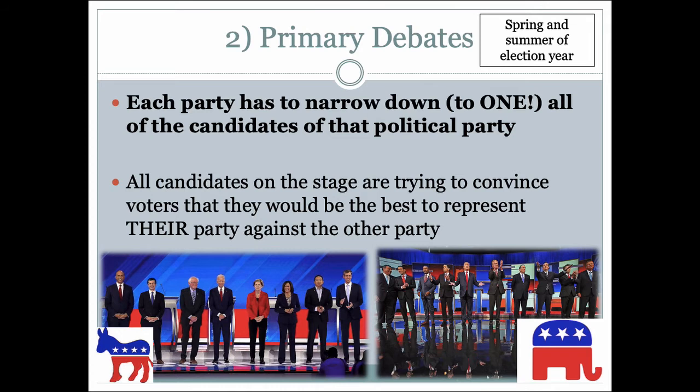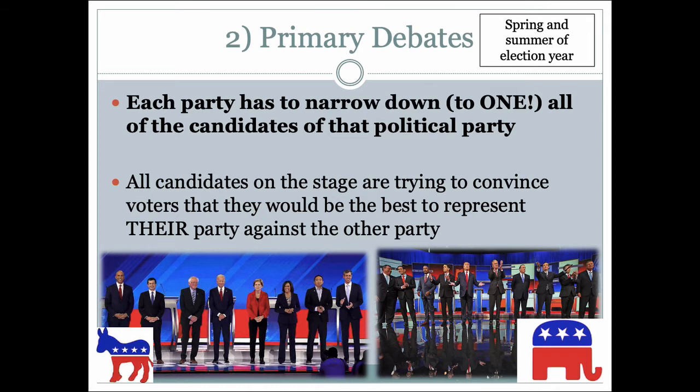They have to take all of the Democrats who want to run as the Democratic candidates. They have to have debates amongst the Democratic Party to narrow down that field. So perhaps you could have 2 people running. You might have 10 Democrats running, and those people debate and say, here's how I would best represent the party.